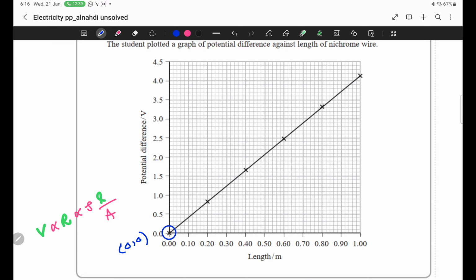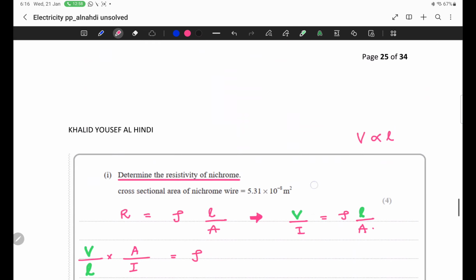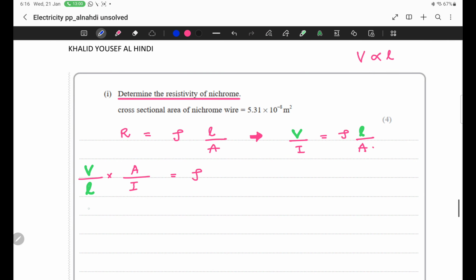We can use any value on the graph. I think the easiest value is this point, which is very easy to read, in which voltage is 2.5 and the length is 0.6. Voltage 2.5, length 0.6.